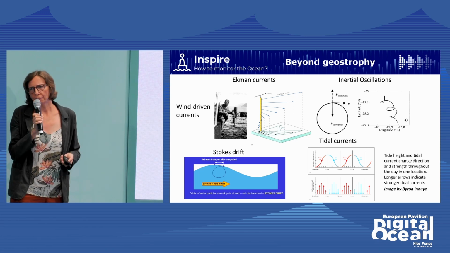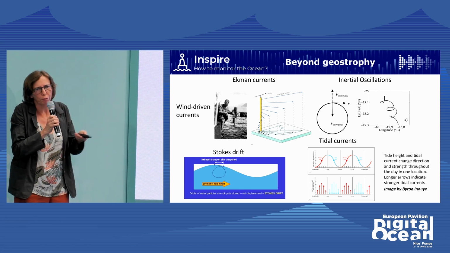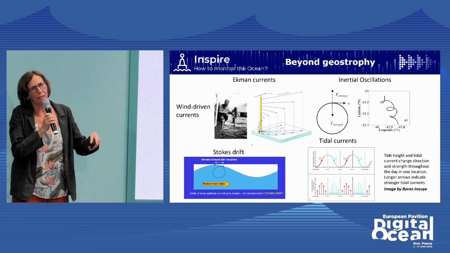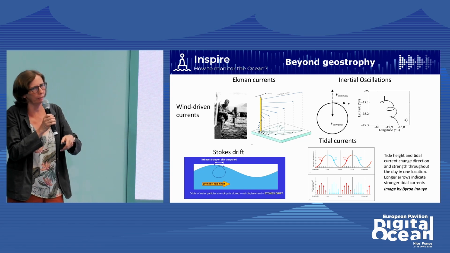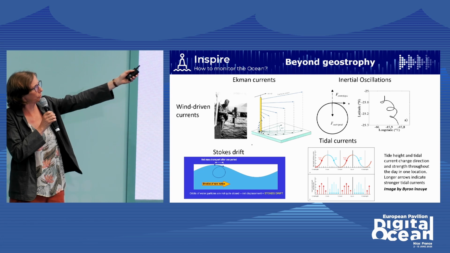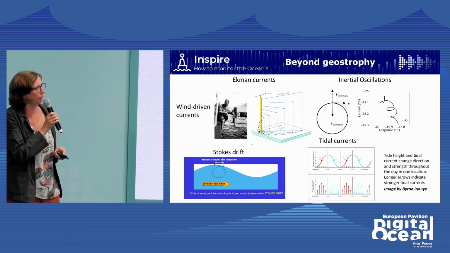When the wind stops blowing, the water parcels won't stop immediately. They're still influenced by the Coriolis force, due to the Earth's rotation, and so they will do oscillations. This is the top right example, the inertial oscillation.